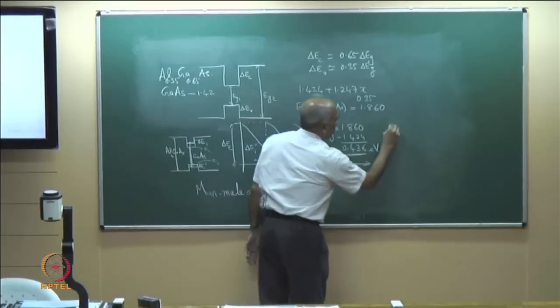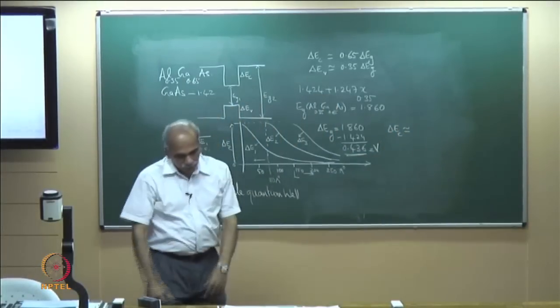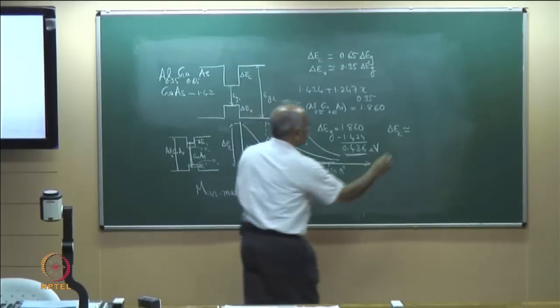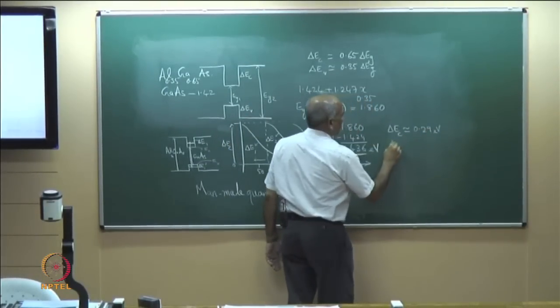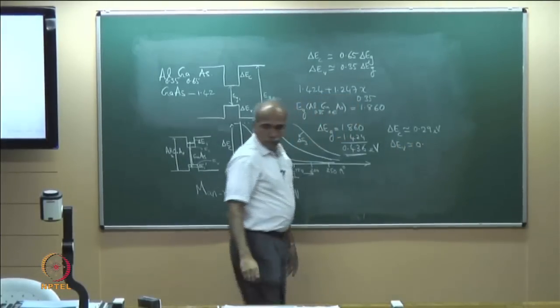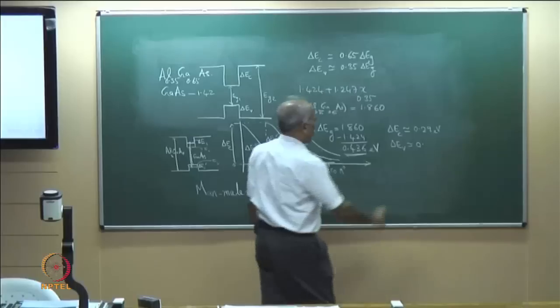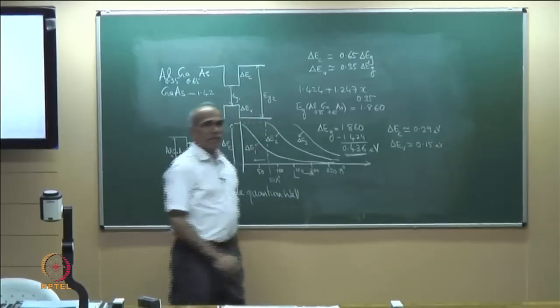I think delta Ec is approximately 0.29 eV, and delta Ev is approximately 0.15 eV. Approximate numbers, you can multiply and see.